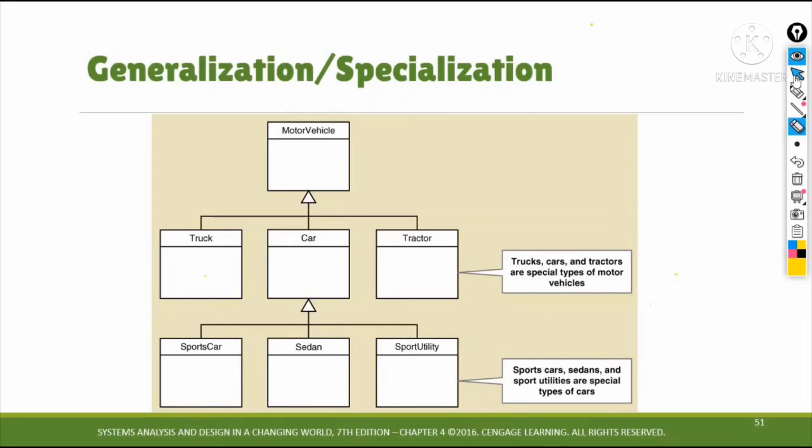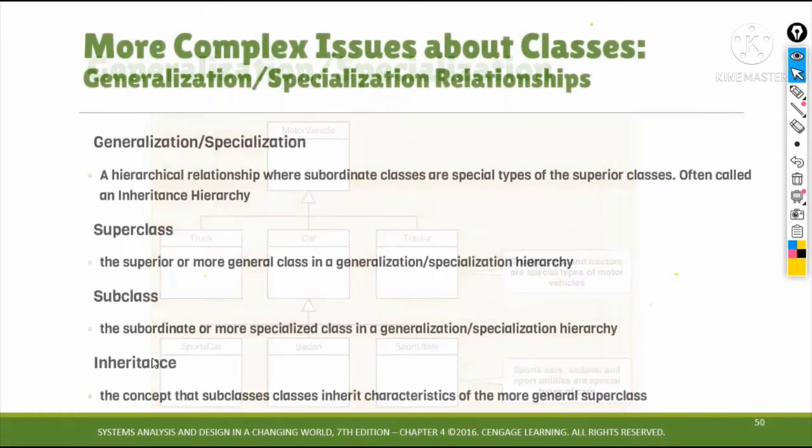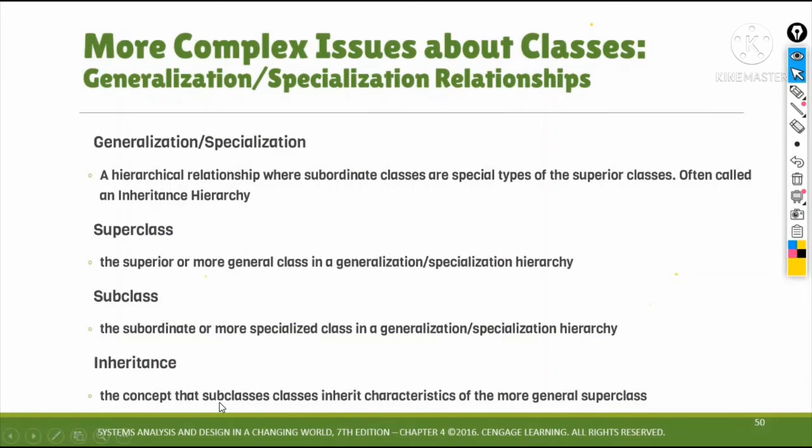So we mentioned that people structure their understanding by using generalization specialization relationships. So in other words, people learn by refining the classifications they make about some fields of knowledge. So another term is inheritance.